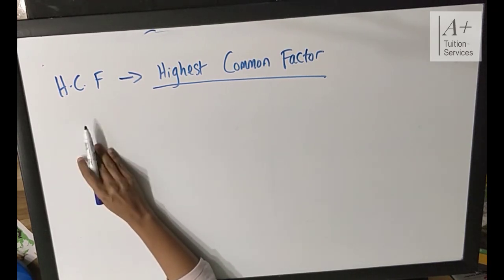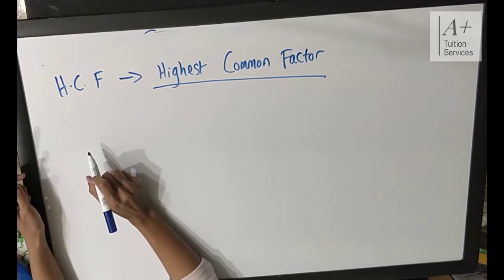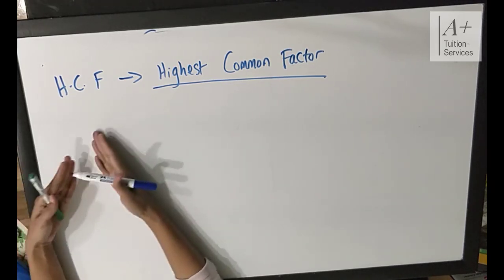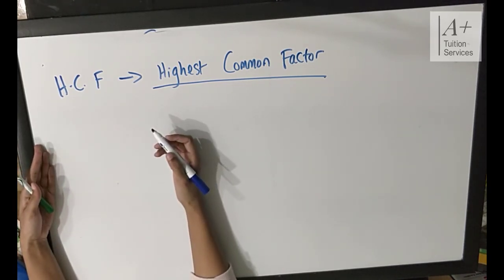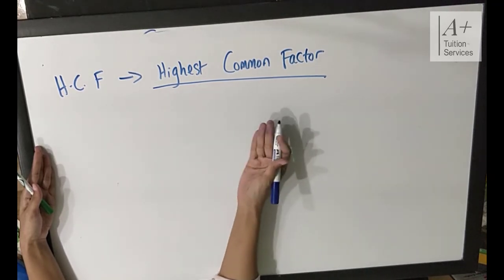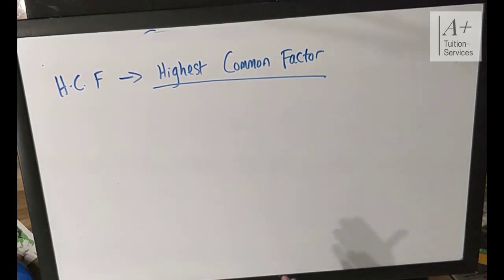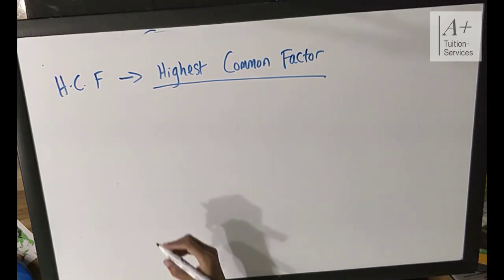So before I get into the example, highest common factor. Highest common factor is the largest number which is a factor of both or all the numbers. So if I have two numbers, let's say 120 and 105, the highest common factor is the highest number that can divide into them both without a remainder, right?